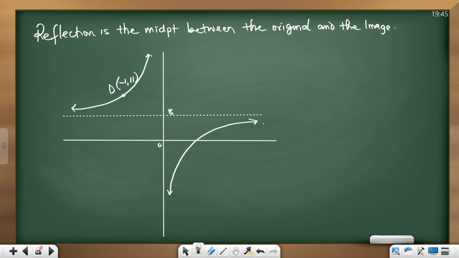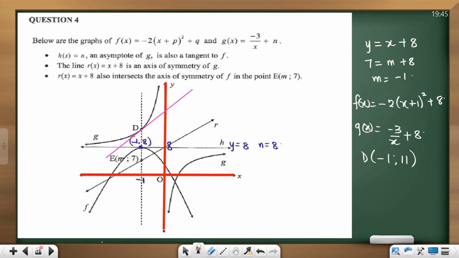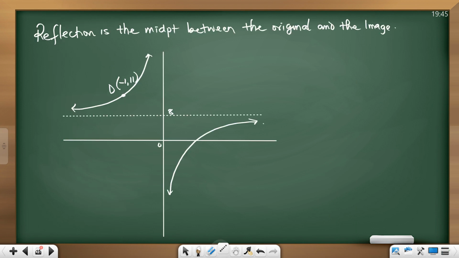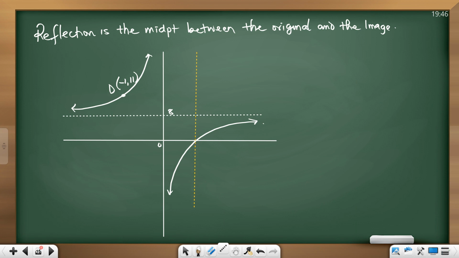X equals to what? 2. Okay. Note the value of the, let me check. Watch what I'm going to do. We want to reflect along the line x is equal to what? X equals to what? 2.